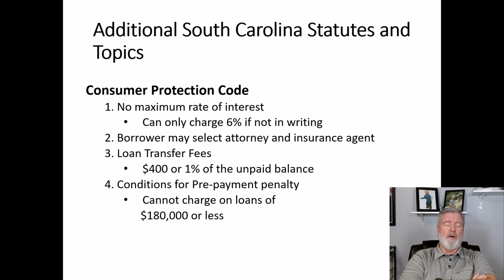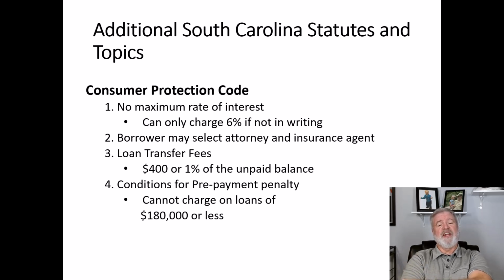And then the third thing is dealing with loan transfer fees. Talking about like loan assumptions. We talked about loan assumptions in the finance chapter as well. But if you're going to assume someone else's loan, you're going to buy their house and assume their loan, well, then the fee to transfer that loan, it says, would be $400 or 1% of the unpaid balance, whichever is less.